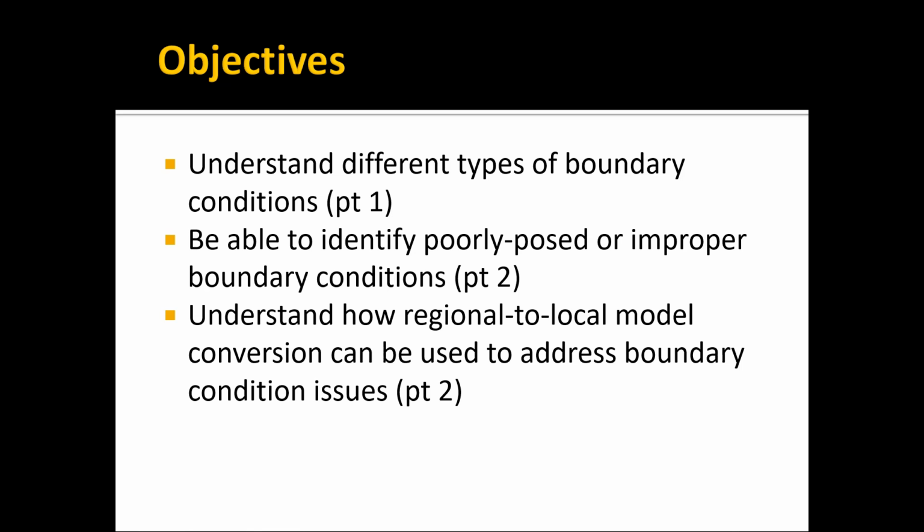And for cases where it's really difficult to come up with good boundary conditions, we are going to talk about a technique called regional to local model conversion that can be used to get around that, to help you come up with some good boundary conditions for your model. And then finally, we're going to review just a few case studies in part 3 that will illustrate some of the things that we talk about.